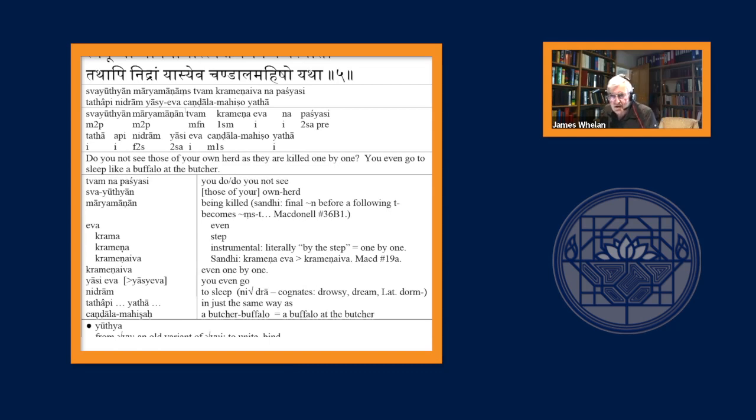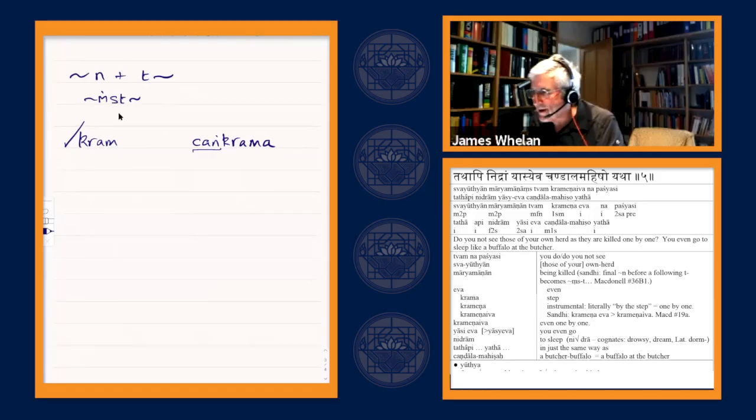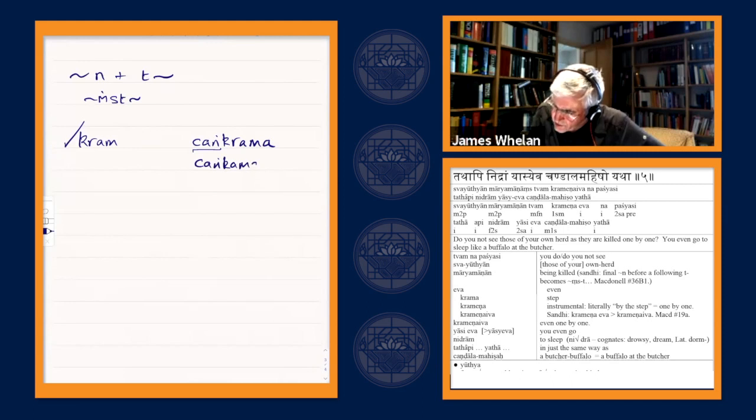Sorry, I should be looking at my screen. You should have screamed at me when I was writing on my iPad without showing the iPad. Kramena, there's chankrama, which in Pali is your chankama, where you step along.